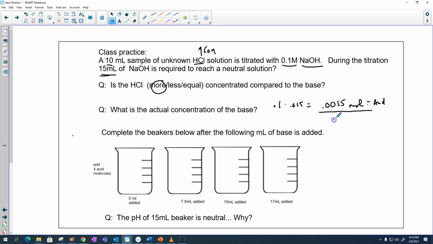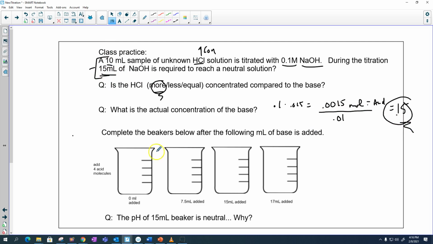Divide by the original volume of 0.01, and I will get my original concentration. So 0.0015 divided by 0.01, and I get 0.15. And that should match up with my original idea that it would be more concentrated. Again, 15 and 10, you might not be able to do a linear relationship with that in your head, but you should understand that it's about a third bigger, and therefore it got a third bigger here. That makes sense.